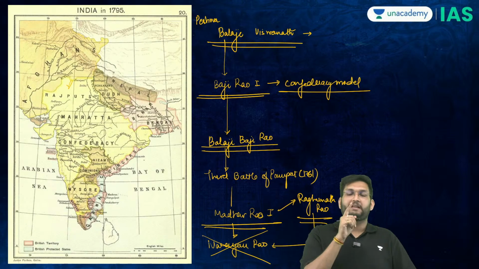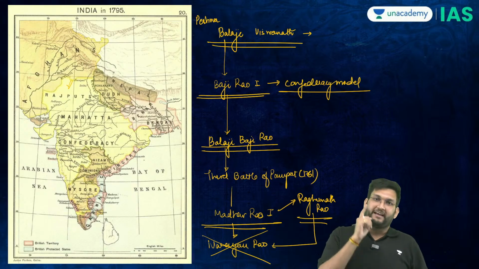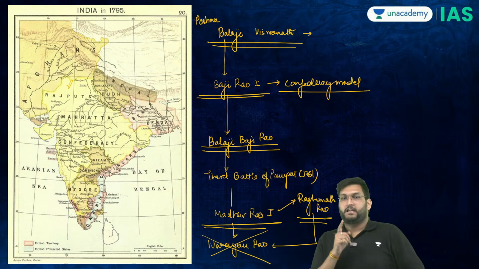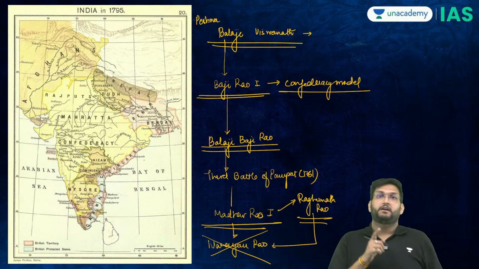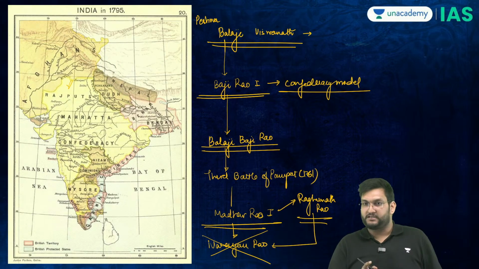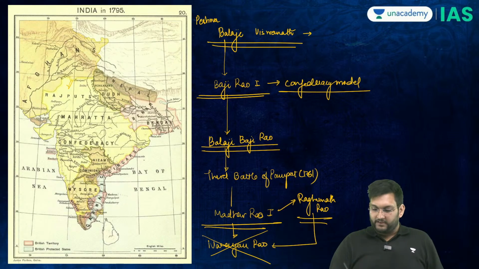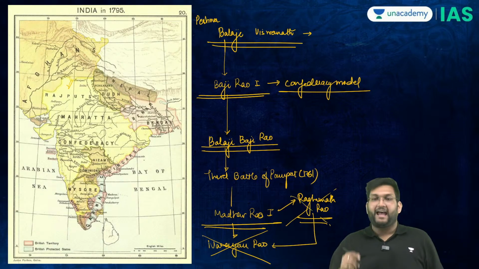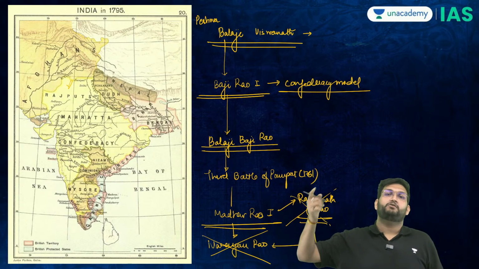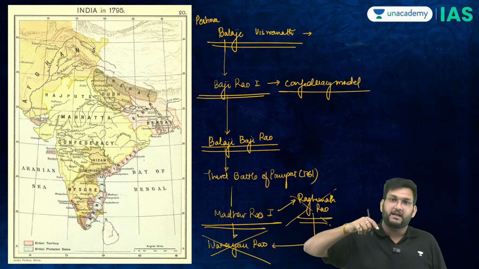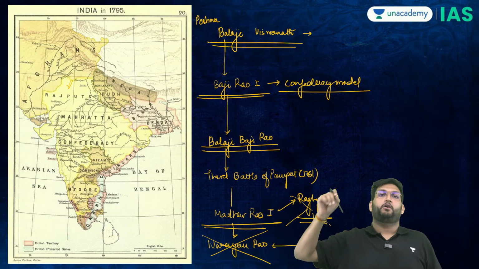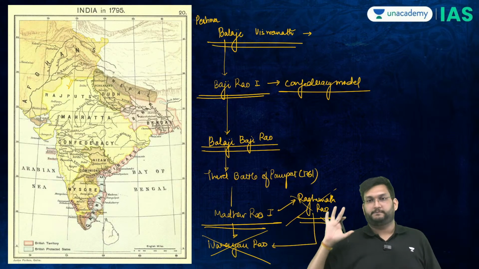This is not liked by a very important officer in the Maratha Empire, Nana Fadnavis. Nana Fadnavis, along with 11 other officers, carried out what is called the Bharbhai conspiracy. In this, they remove Raghunath Rao and install Madhav Rao II as the next Peshwa. And from this point forward, the British get involved.